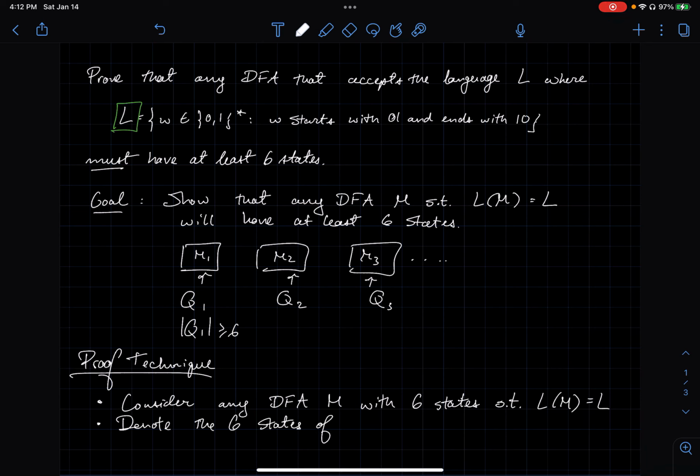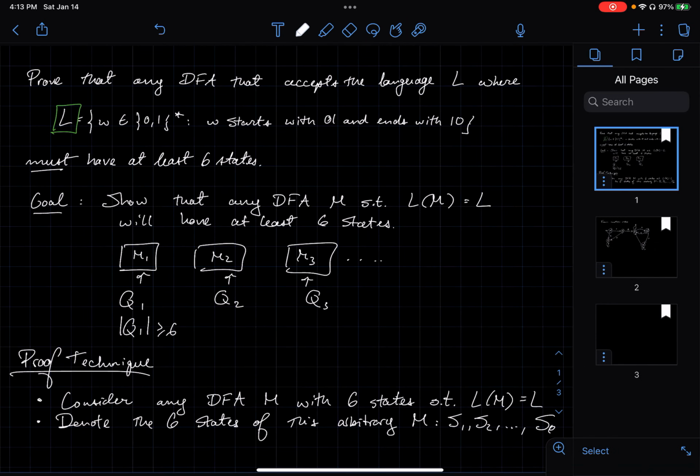Okay, so I denote the 6 states of this arbitrary machine. So for instance, I could label them S1, S2, and so on until S6. Okay.